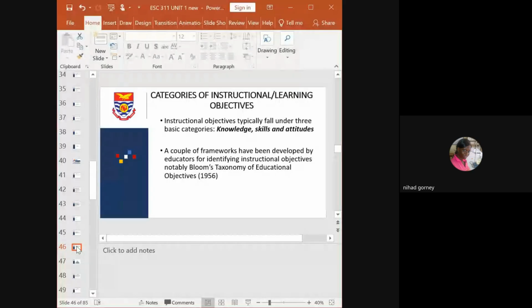Now, when it comes to categories of instructional learning, they fall under 3 different categories: knowledge, skills, and attitudes. Knowledge falls within the cognitive, skills with the psychomotor, and attitudes is affective. A couple of frameworks have been developed by some educators to identify various instructional objectives according to Bloom's taxonomy of educational objectives.